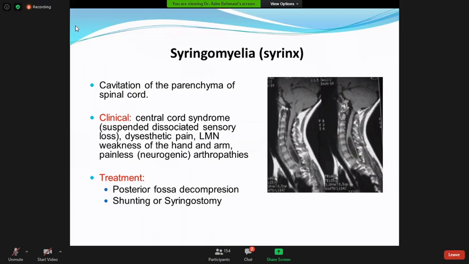If there is isolated syringomyelia, then it can be treated by a shunting procedure, syringo subarachnoid shunt, or syringostomy. Syringostomy is basically just opening of the syrinx cavity within the subarachnoid space.